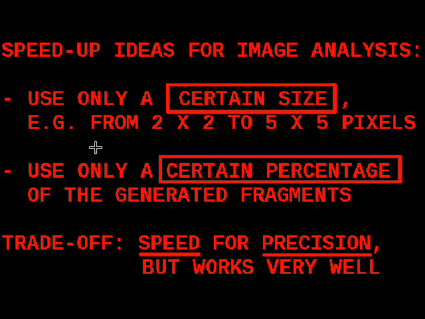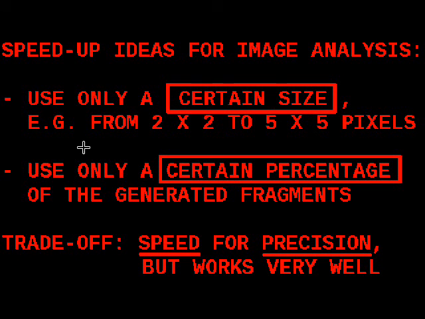So, in particular for the image analysis, you might consider a heuristic approach, where you don't look at the entire fragmentation sets of patterns, but for instance only pixels of a size of 2 times 2 pixels to 5 times 5 pixels, like such sub-areas, where you are just looking at a part of a fragmentation set.